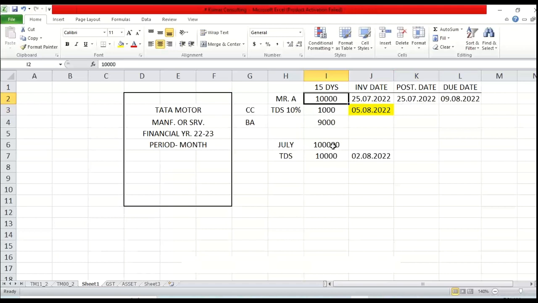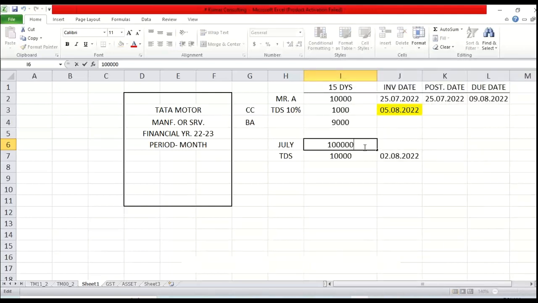So this 10,000 invoice is also going to be part of which month, guys? This 10,000 worth of invoice is also going to be part of July month only, right? Because actually he posted on the 5th, but he gave a previous date. While posting the invoice, he gave the previous date, 25th.